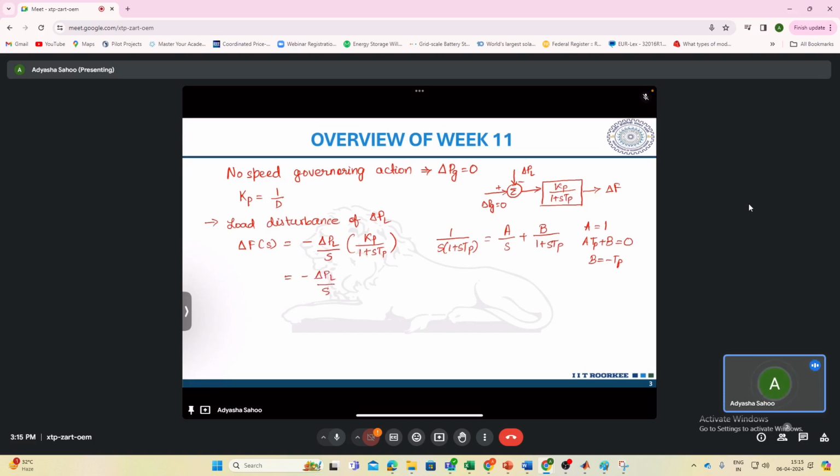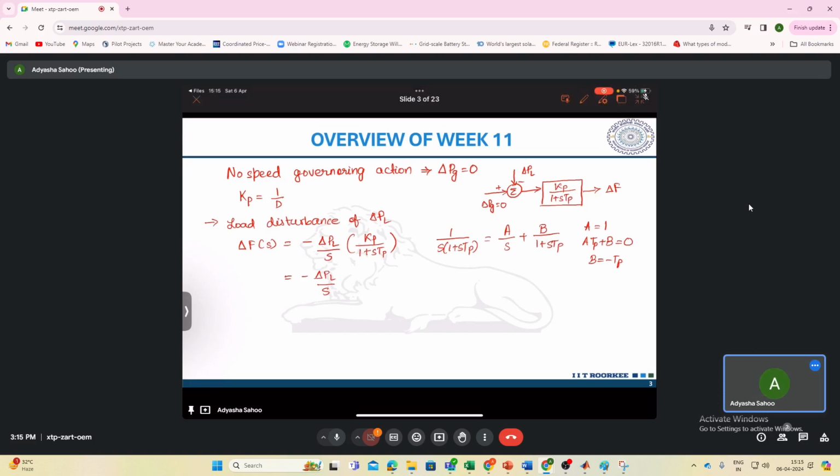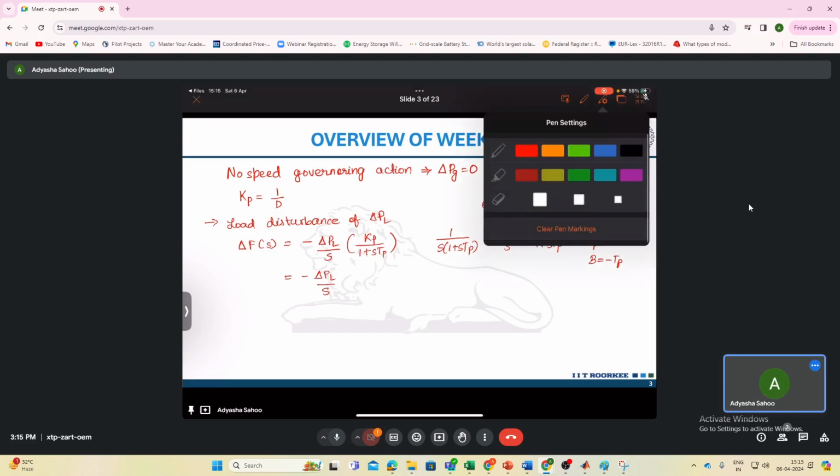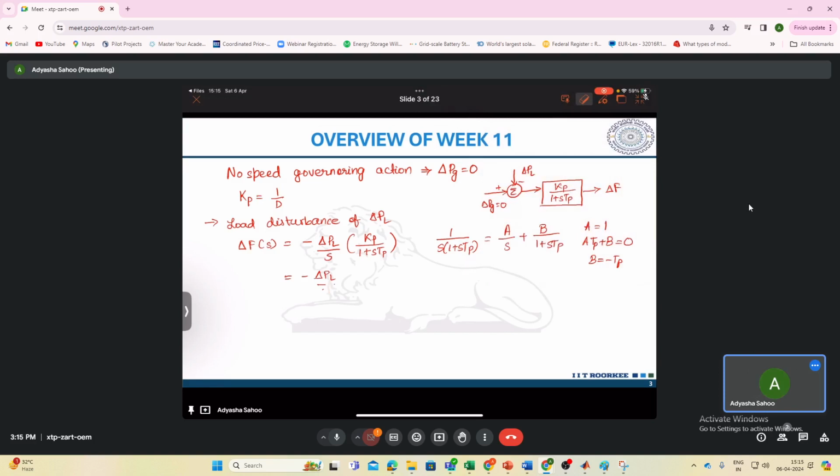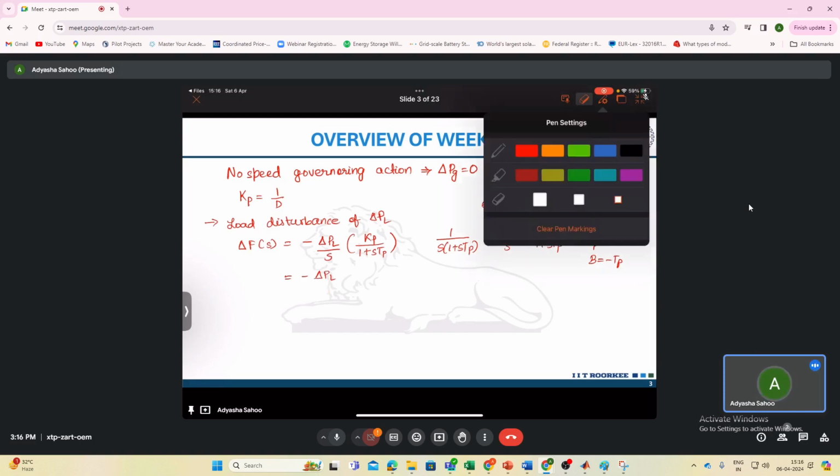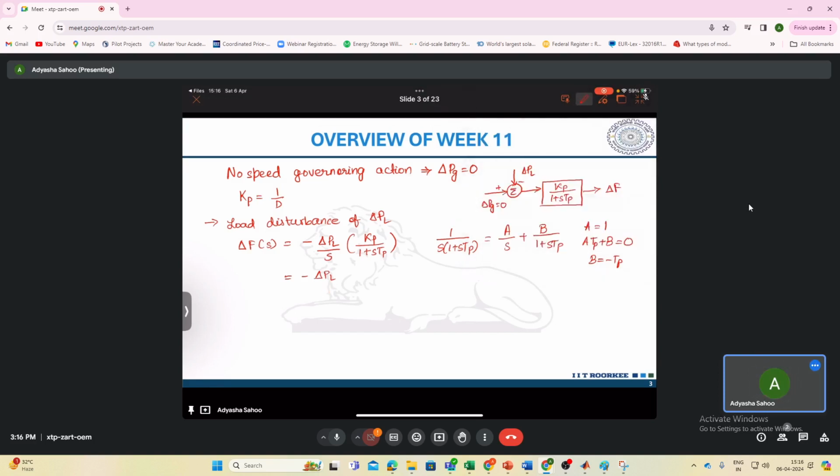So substituting that quantity here, we get minus delta PL Kp, and in place of 1 by S into 1 plus S Tp, we will be getting 1 by S minus Tp by 1 plus S Tp.